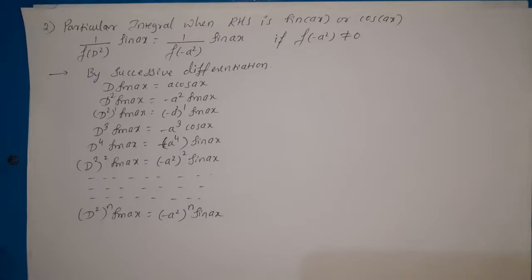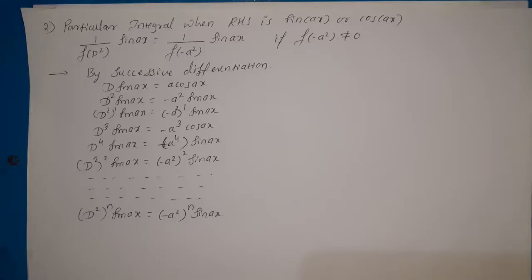But here it is f of minus a square, which means whenever the differential equation has RHS sin ax or cos ax, we just substitute D square equal to minus a square. That means the power of D should be 2 or a multiple of 2, and only then can we apply D square as minus a square. Suppose it is D cube, then we cannot directly apply D cube equal to minus a cube.